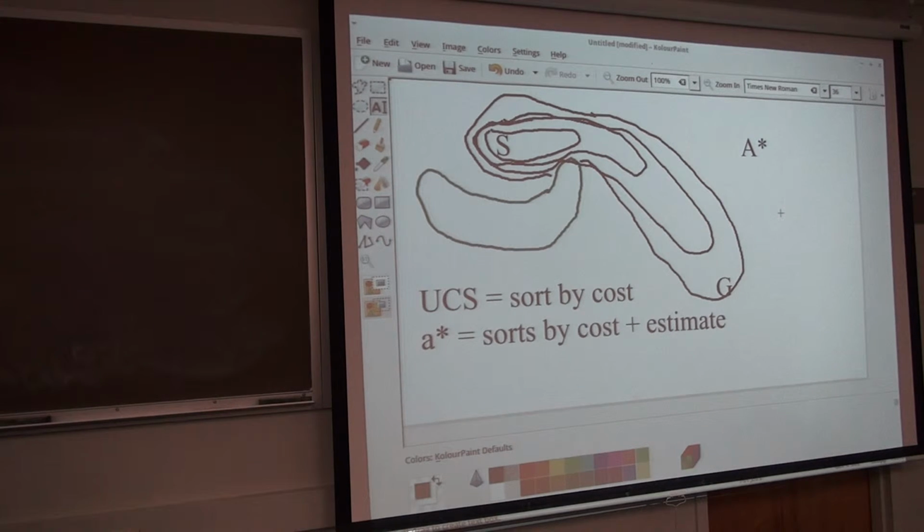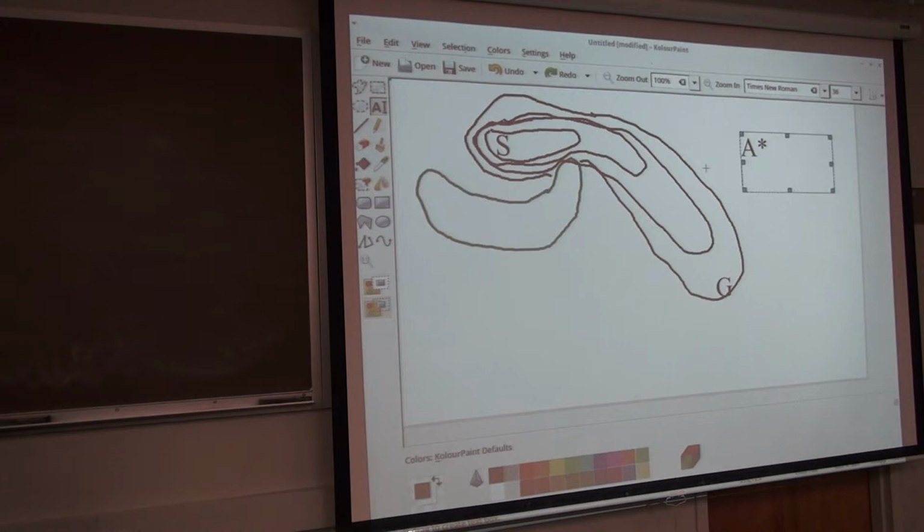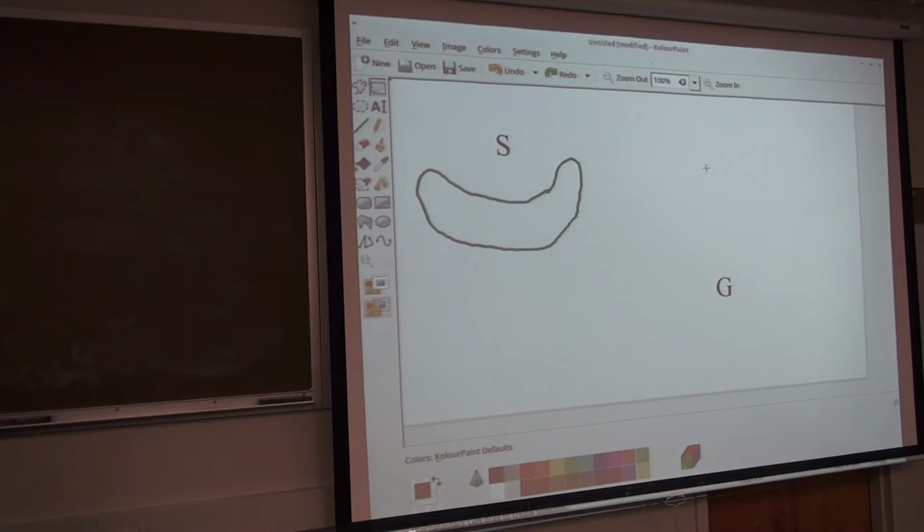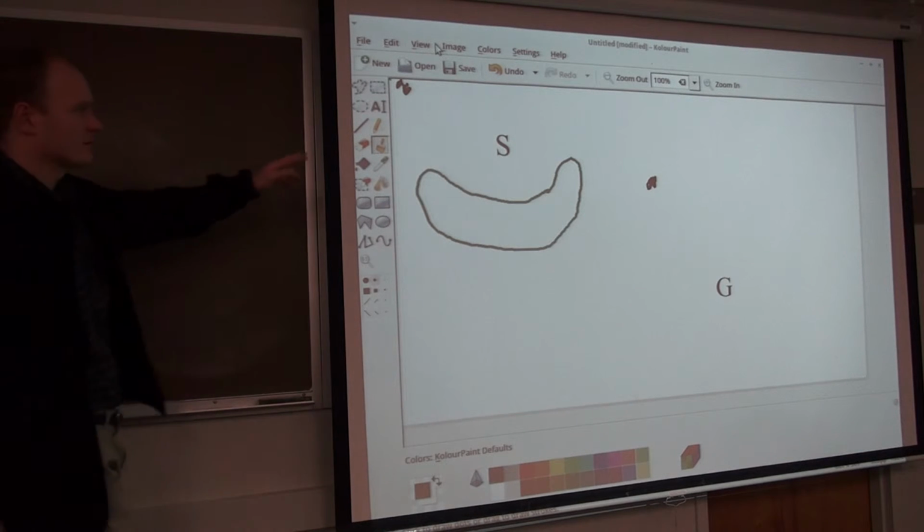Now, if you think about that for a minute, let's suppose you happen to be right here, and there's another spot that's right here, and they're both about the same distance from the start.